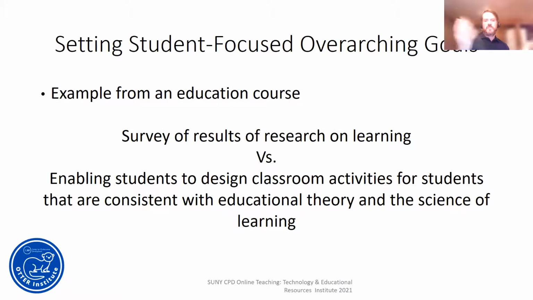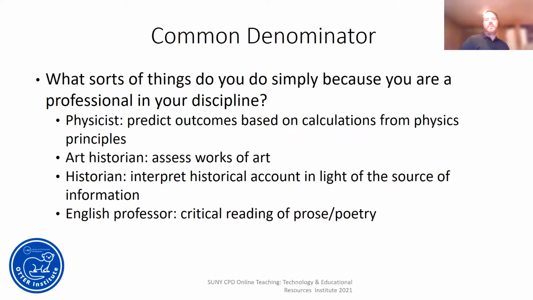And in terms of education, rather than a survey of the results of research, how do we enable students to design activities for students? So the common denominator to all those goals is that it thinks about what people do in their disciplines. What is it that you do as a physicist, as an art historian, as a historian, as an English professor?